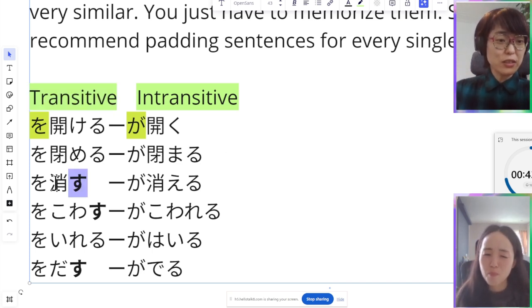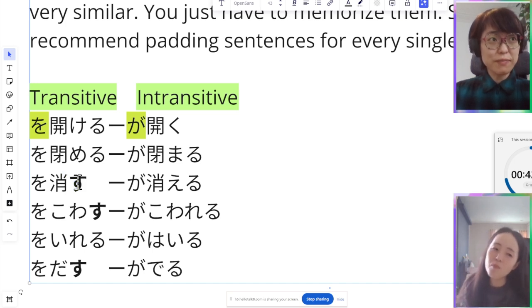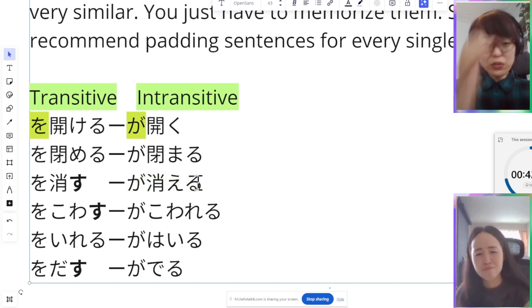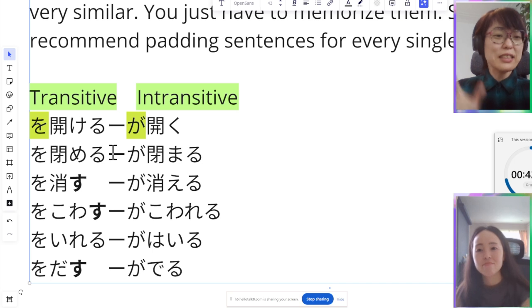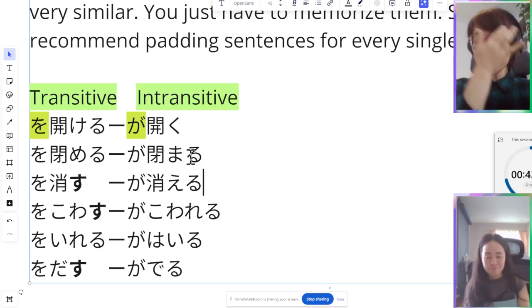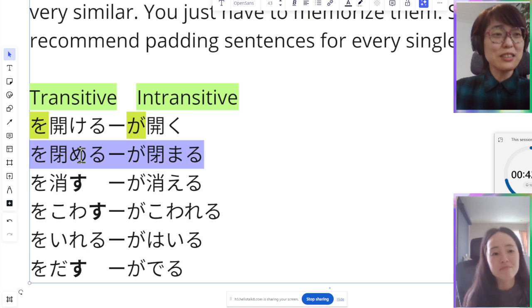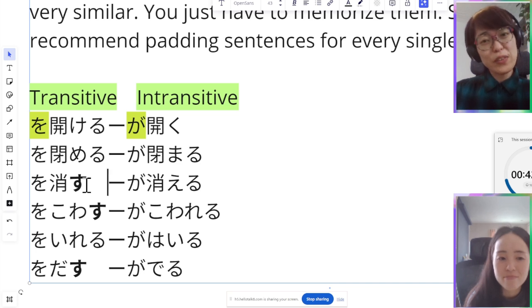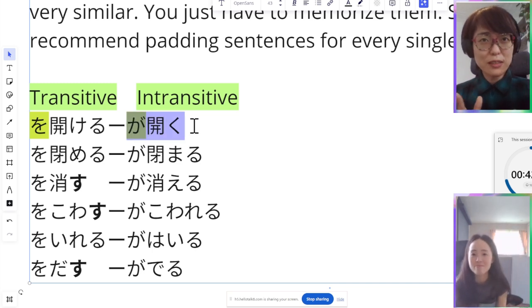That's why kesu is always transitive. On the other hand, if it doesn't end with su, of course you cannot determine it is intransitive. As Yukiko sensei said, it can be transitive. So this is just a clue: if you see a verb ending with su, it's pretty much transitive. That's all. It's super unlikely that an intransitive verb ends with su. So it's just the opposite way of saying it.